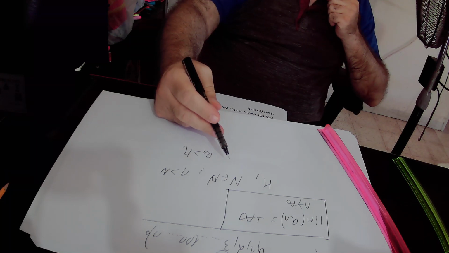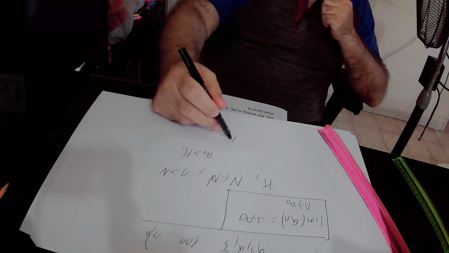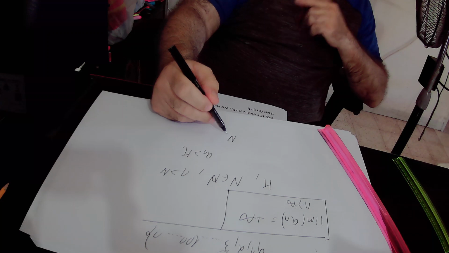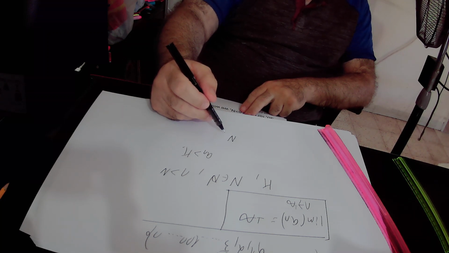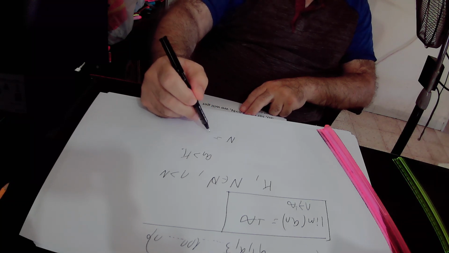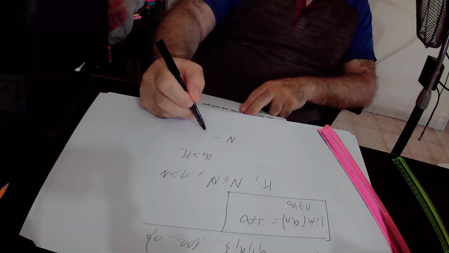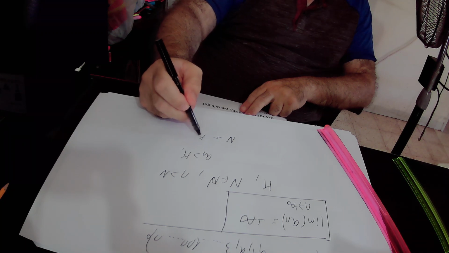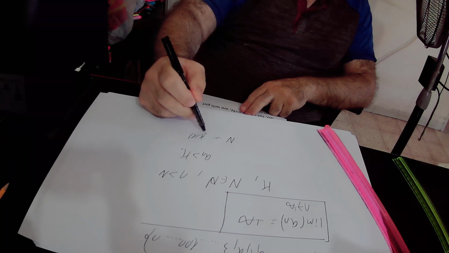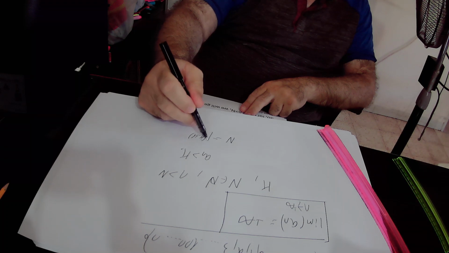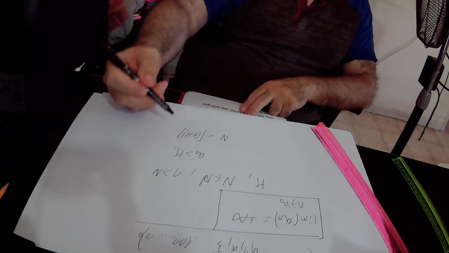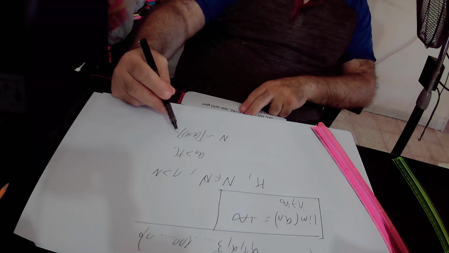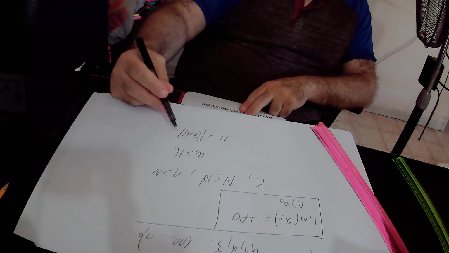So I will choose N that is equal to the integer of k plus 1 when it is rounded up.